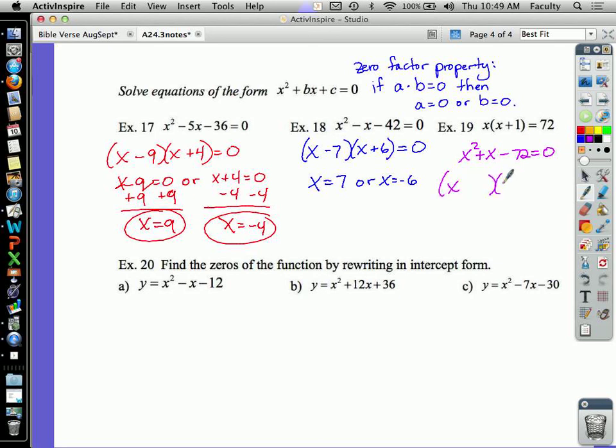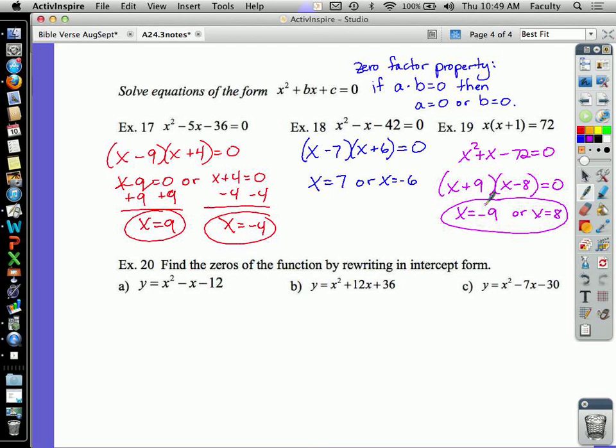That's definitely not a perfect square trinomial. I'm looking for two numbers that multiply to negative 72, but add up to a positive 1. Noah? Positive 9 and negative 8. Good. So x is negative 9 or x is 8. Okay? All right, does that make sense?